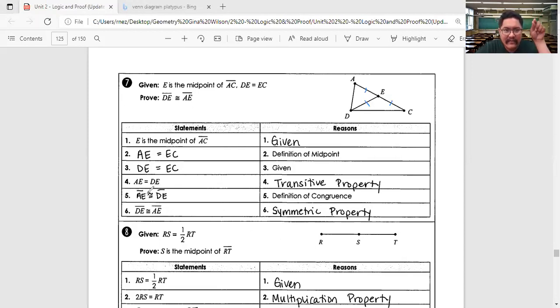So again, AE was the first thing here, switch it so that AE is on that side, DE is on this side, because they want you to make it look like this. So it's just a simple matter of switching the sides. Once they switch the sides using symmetric property, that's it. And again, see that one? It was pretty easy.